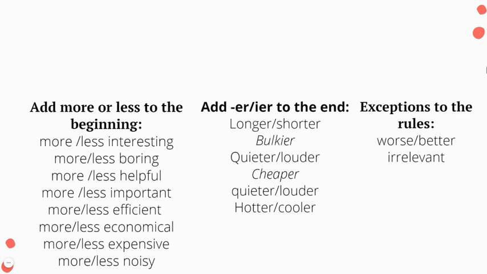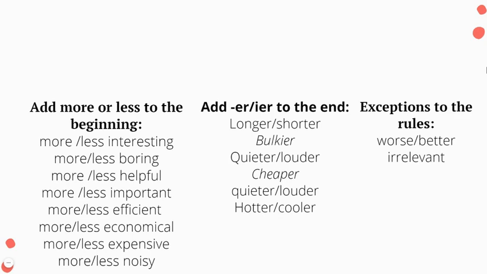Using adjectives in comparatives can be a little bit difficult. There are 3 basic rules. For some adjectives, you may add more or less to the beginning, like more interesting, less boring, more important, less efficient, more economical, less expensive, more noisy. For others, you will add ER or IER to the end.